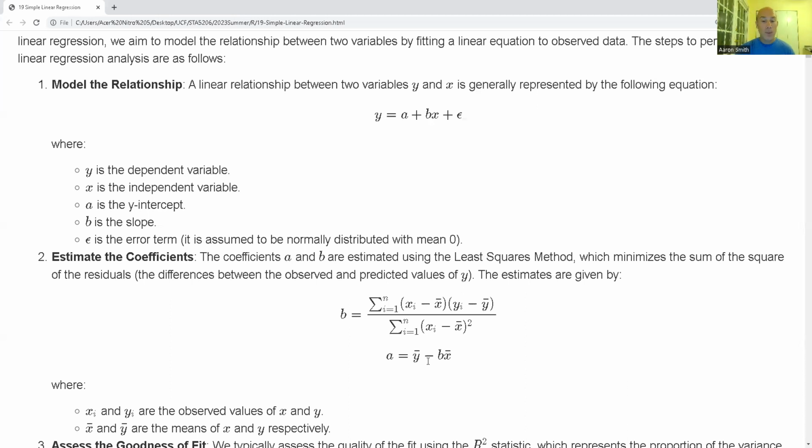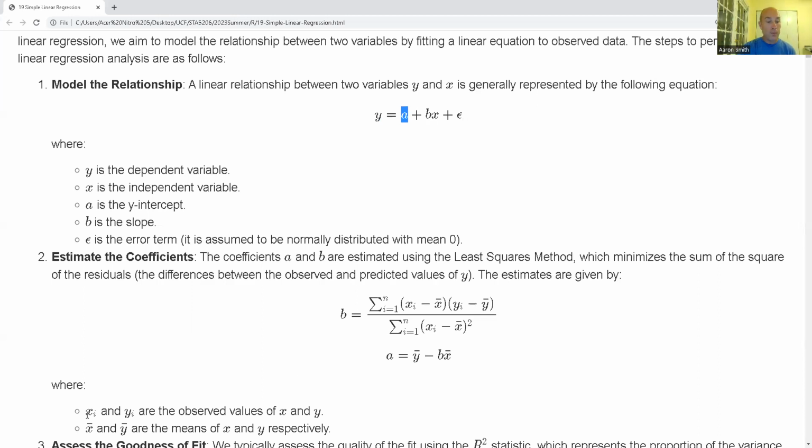And then to find alpha, after I've estimated beta, I put the average of x and the average of y into this part of the equation. I treat epsilon as equal to 0 and put x bar, y bar into the equation, and that is how I'm going to estimate alpha.